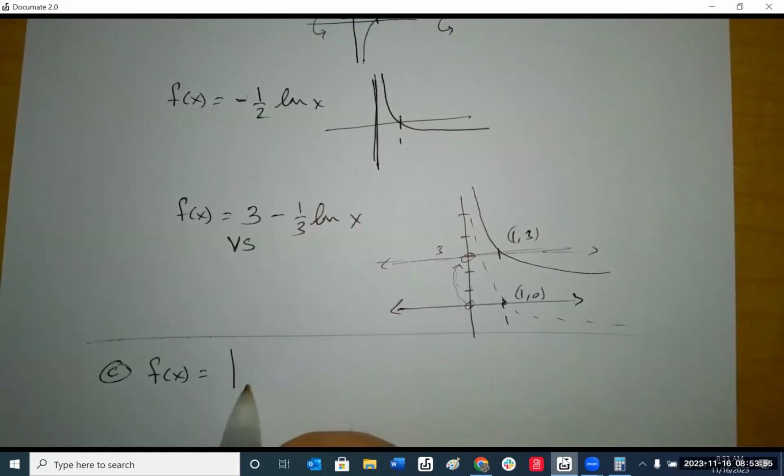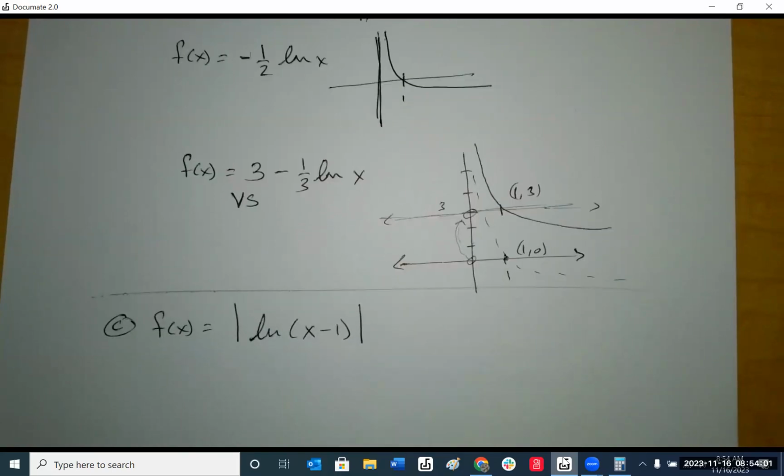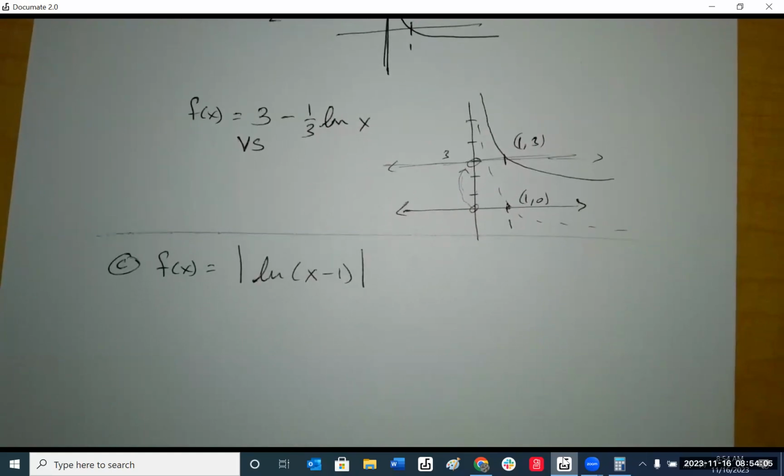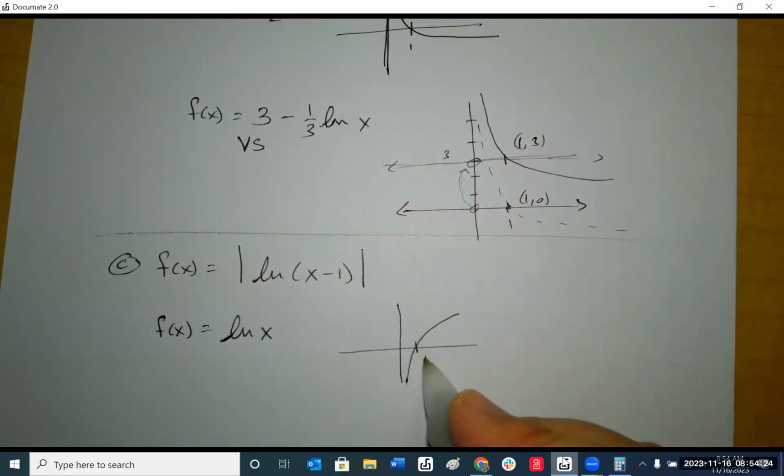The absolute value of ln(x - 1). So the original function is ln x. It looks like this. Crosses through 1.